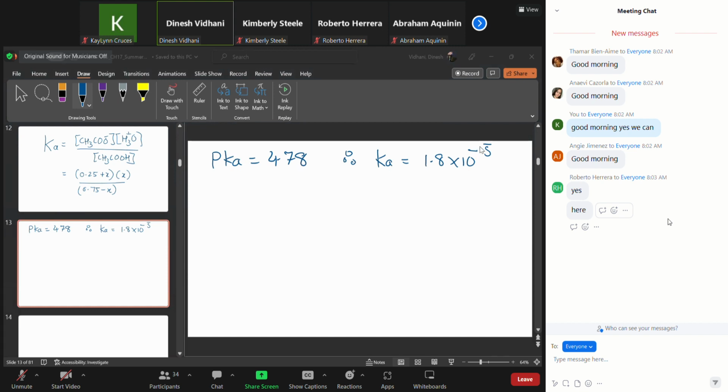Is it 10 to the power -5 or -4? Okay, 1.7 times 10 to the power -5.